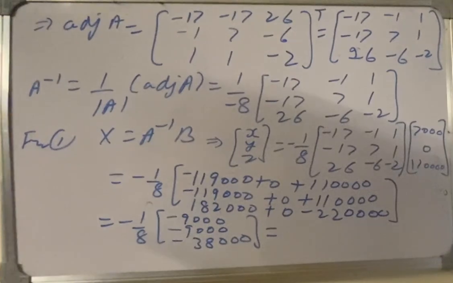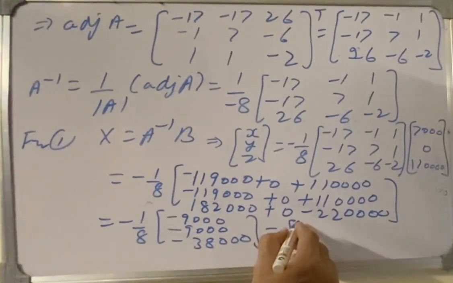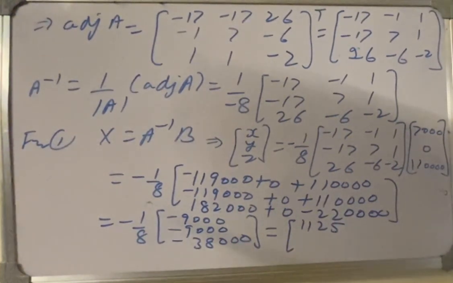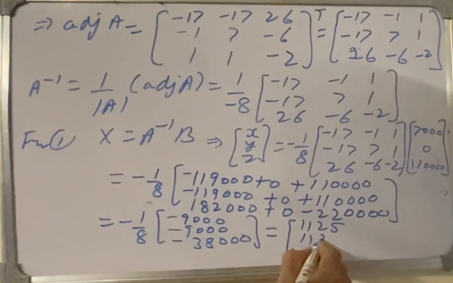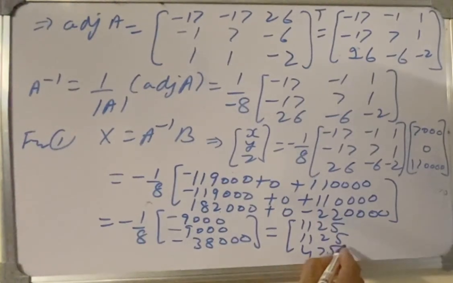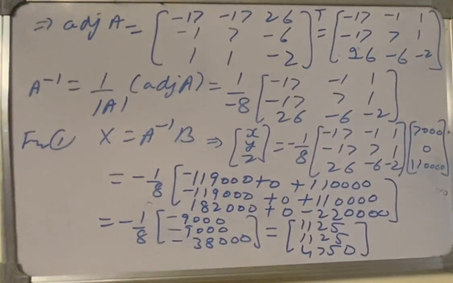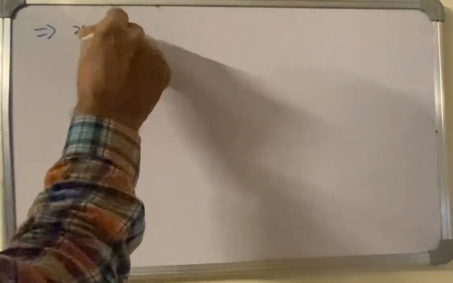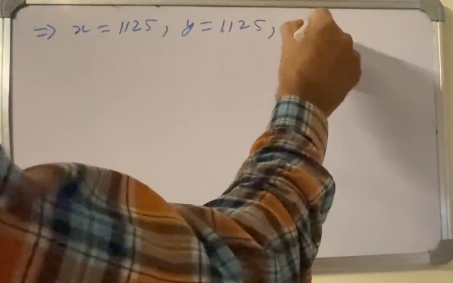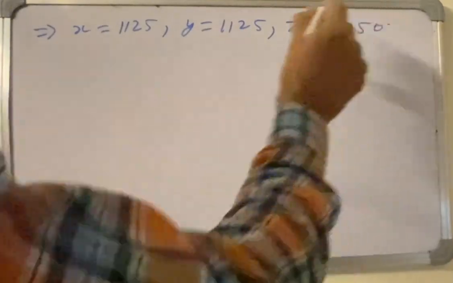This will give you 1125, then 1125, then dividing this by 8 will give you 4750. Therefore, X is equal to 1125, Y is equal to 1125, Z is equal to 4750.